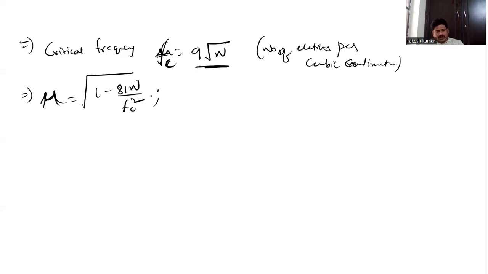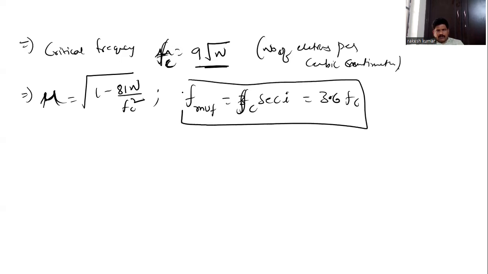Similarly, we have calculated the formula for maximum usable frequency. What is the relation between maximum usable frequency and critical frequency? It is Fc times secant i, or 3.6 Fc. This is the relationship between maximum usable frequency and critical frequency.